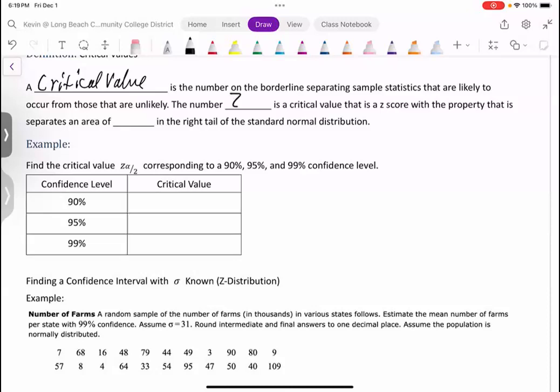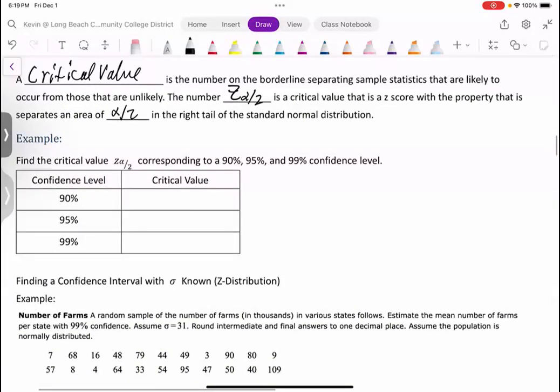The number z sub alpha over 2 is a critical value, the z-score with the property that it separates an area of alpha over 2 in the right tail of a standard normal distribution. Notice this is going to be in the right tail, meaning we're always going to be looking for the positive version of this.